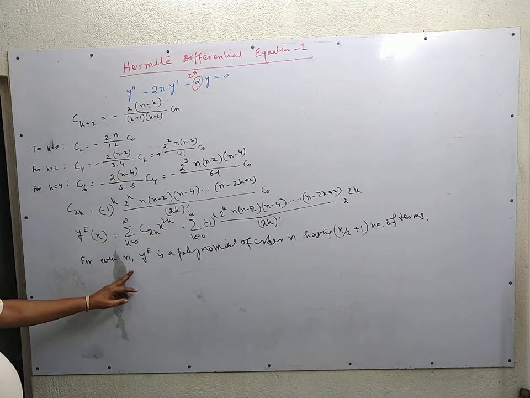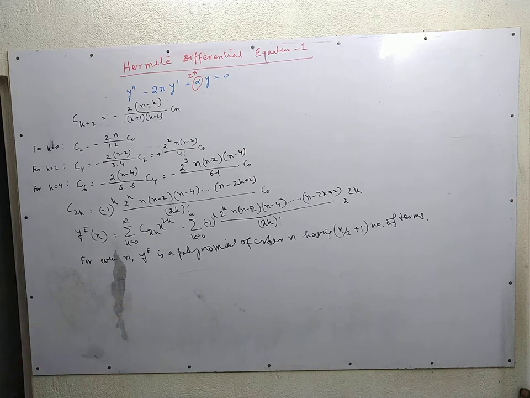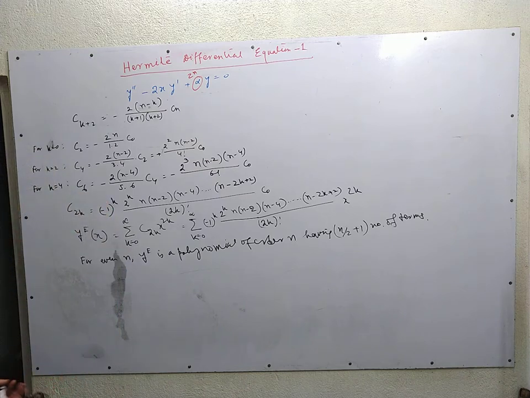For even n, y even is a polynomial, but y odd is an infinite series. Here, for even n, this is called the Hermite polynomial. Now come to the odd series.